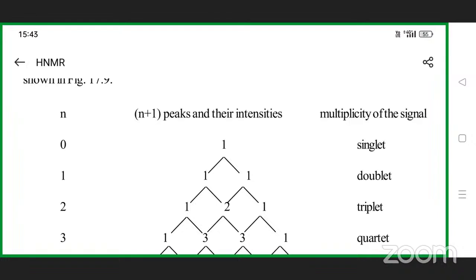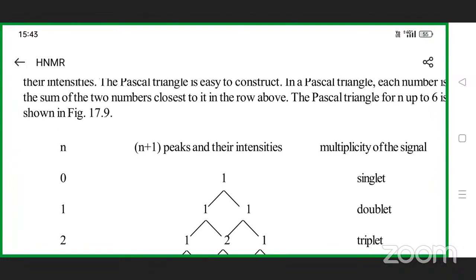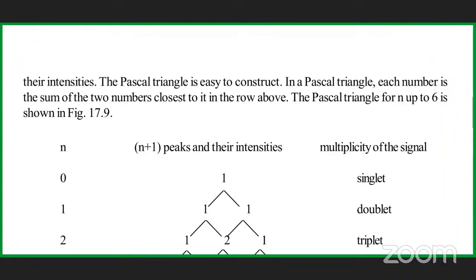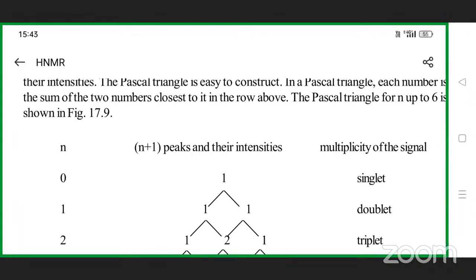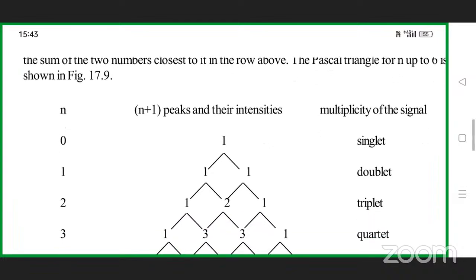And for doublets, where n equals 1, the intensity is a equal to 1, b equal to 1, so we get equal intensities here. Here the table is given.